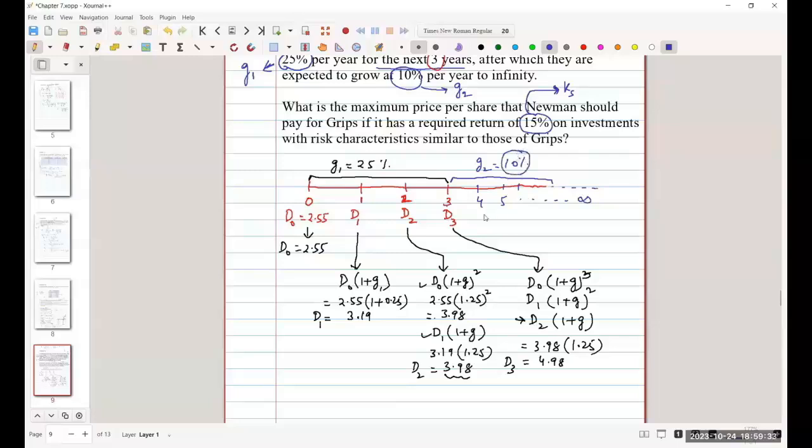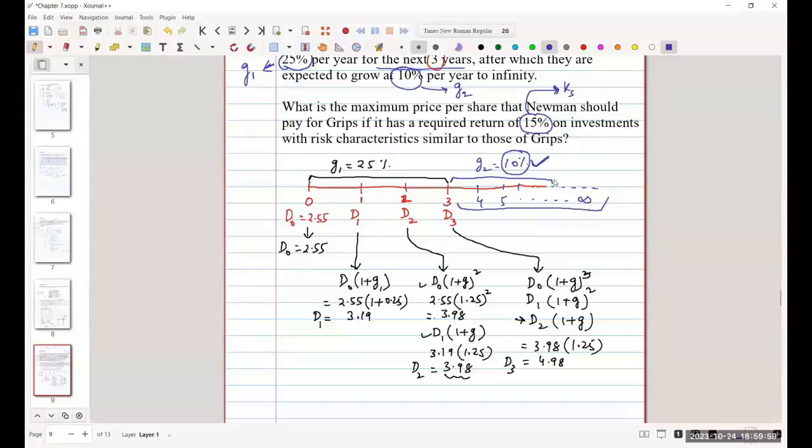So this part of the timeline, going up till an unforeseen future, an indefinite period of time, is characterized by a constant growth phase, right? Which goes on and on and on.